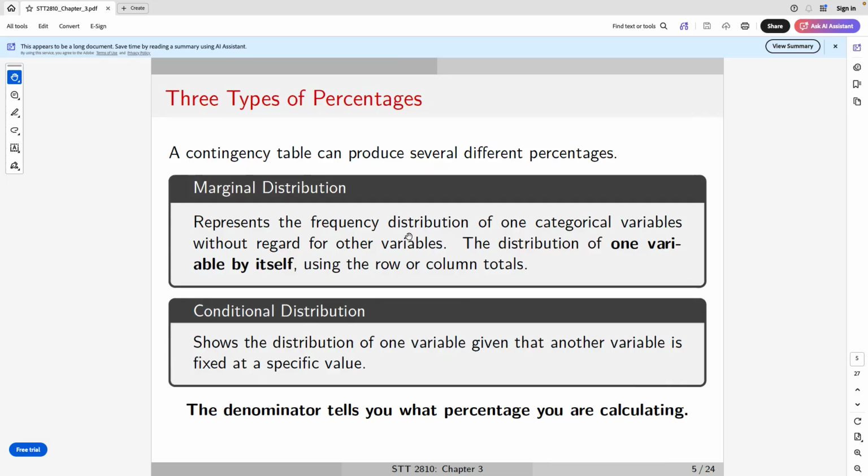We could also find the marginal distribution for level of education. It is very important that you learn how to compute marginal distributions. You would be tested, and it's also good for your education. The conditional distribution shows the distribution of one variable, given that the other variable is fixed at a specific value. We are going to do examples of this, and then you are going to understand how to do these computations.